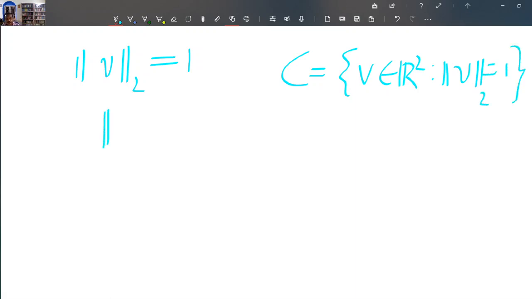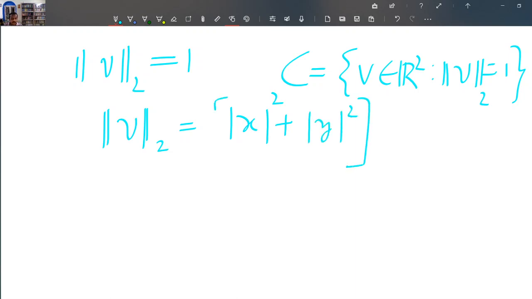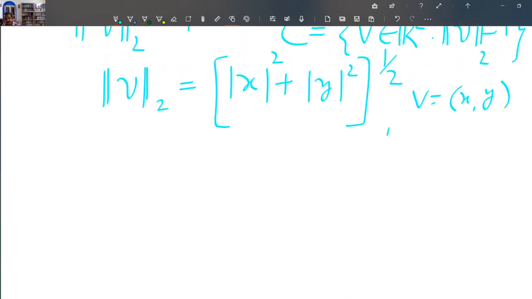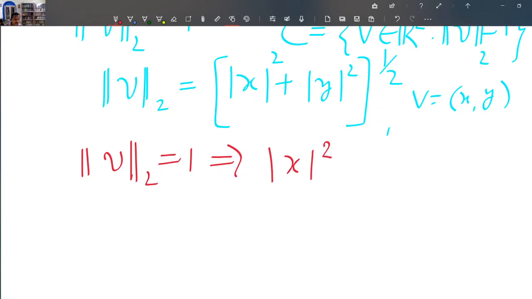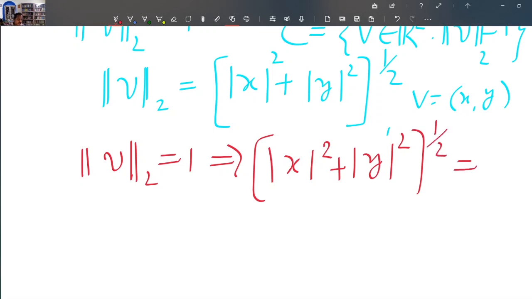And by the definition, the two norm of V is (modulus of x the whole square plus modulus of y the whole square) the whole raised to 1 by 2, since vector V is equal to (x, y). Therefore the two norm of V equal to 1 implies modulus of x squared plus modulus of y squared is 1.